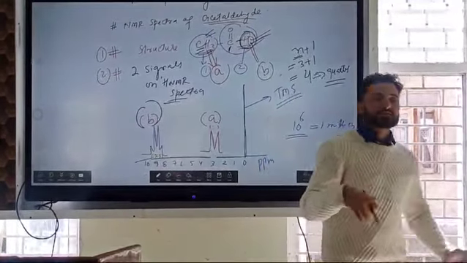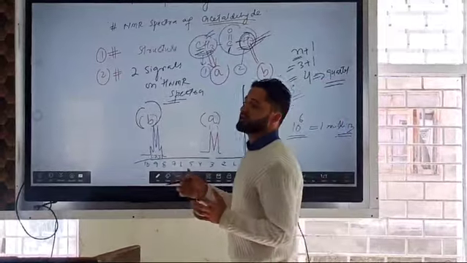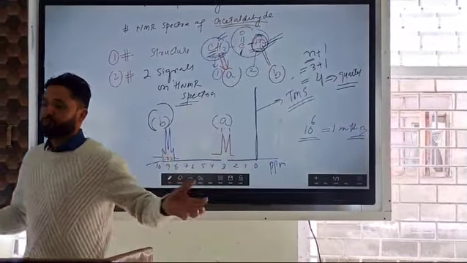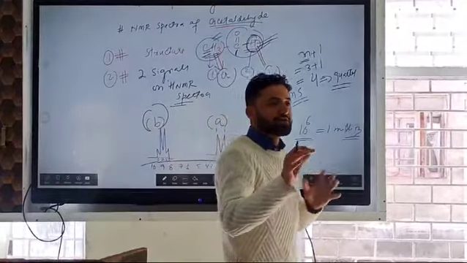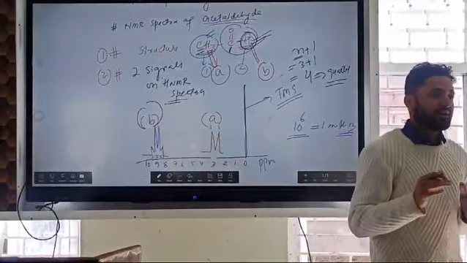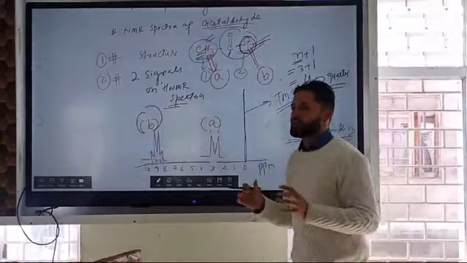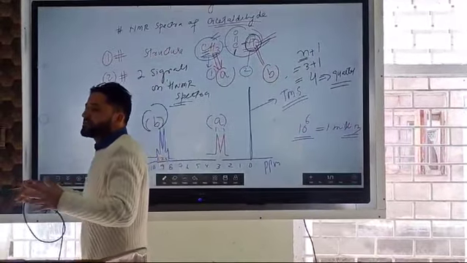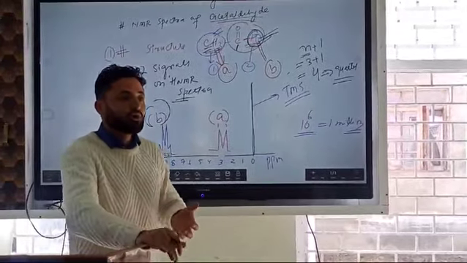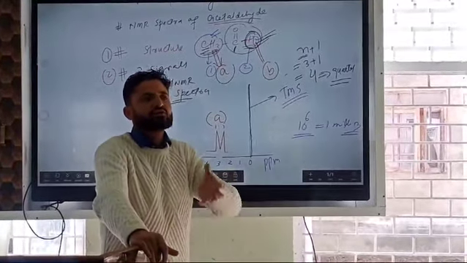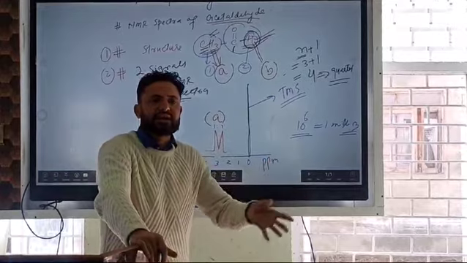So by these things, when you get the NMR of a sample like this, you just conclude by approximation that this could be acetaldehyde. But to confirm it thoroughly, to make it a thorough characterization, we need many different analytical techniques like HRMS.